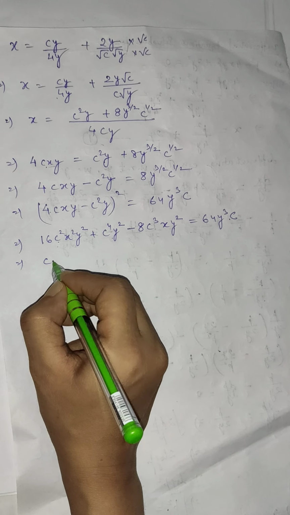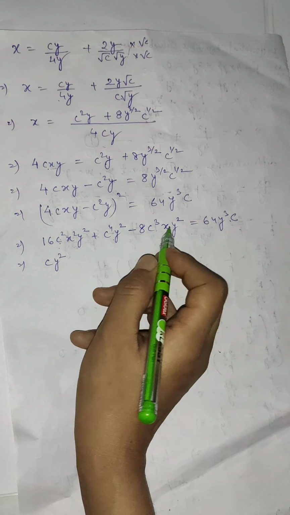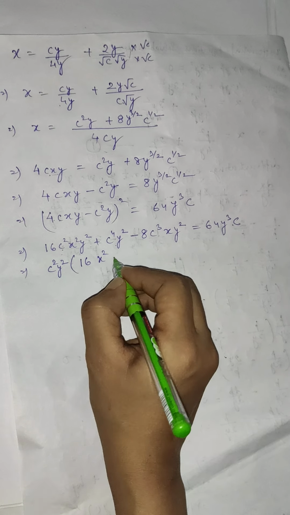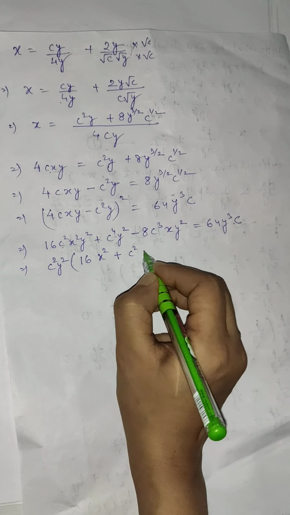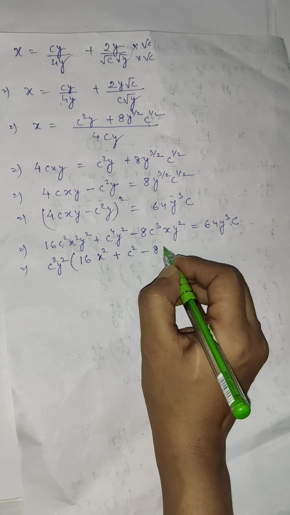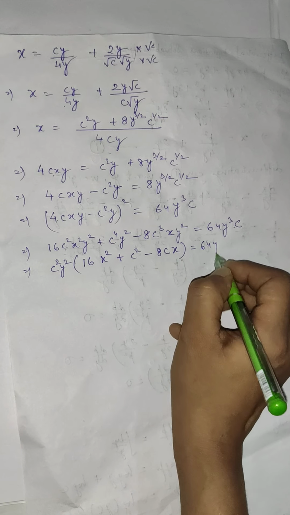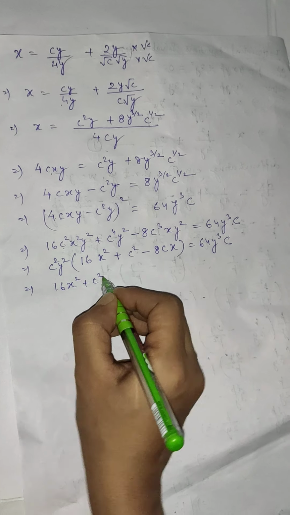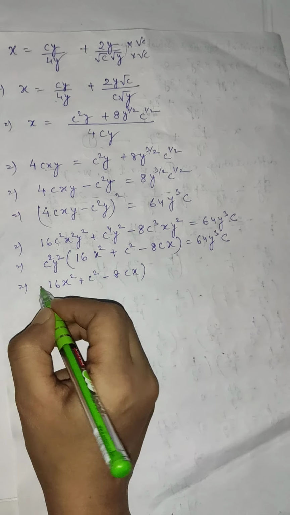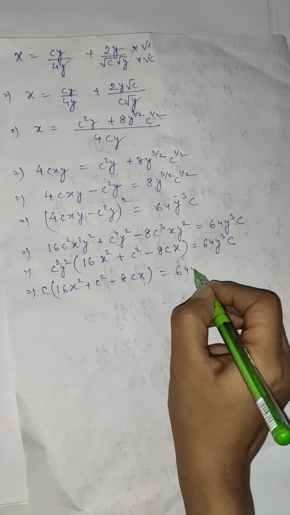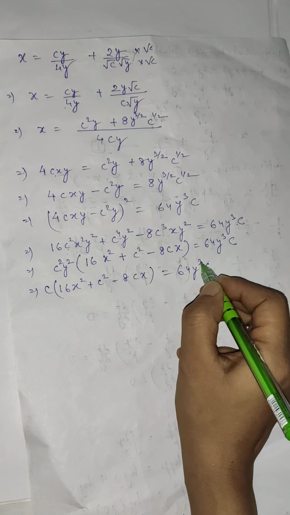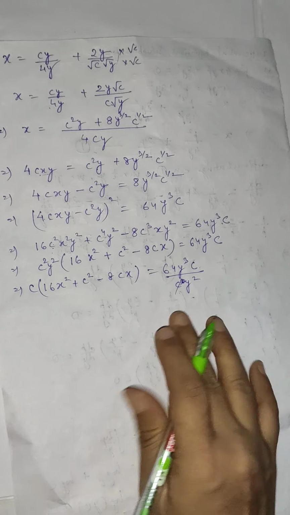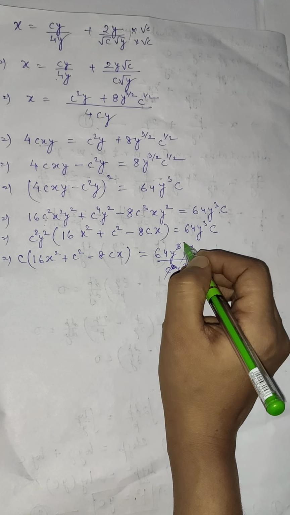So c y square, or in fact we can take c square as common and we'll get 16 x square plus c square minus 8 times of cx is equal to 64y cube c. So this becomes 16x square plus c square minus 8cx, and we'll have a c outside. This becomes 64y cube c by c square y square, so c will get cancelled and we will be left with 1y.